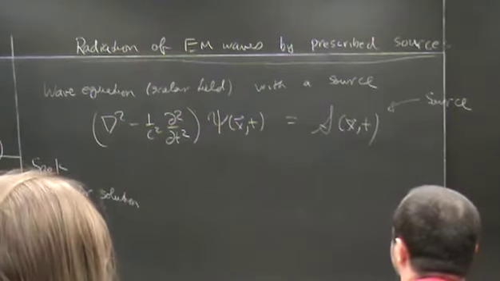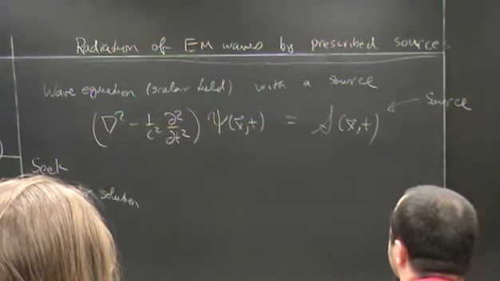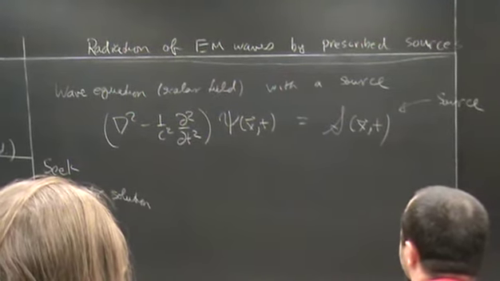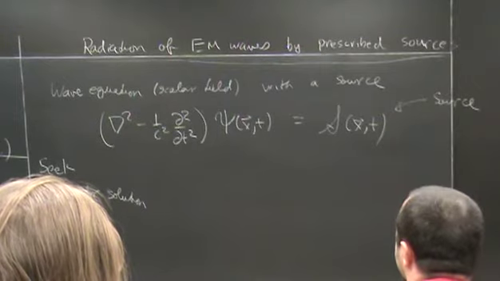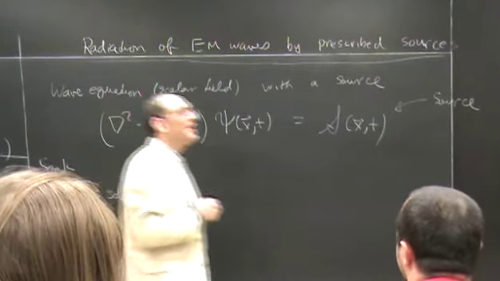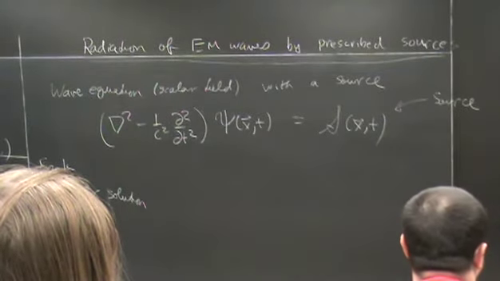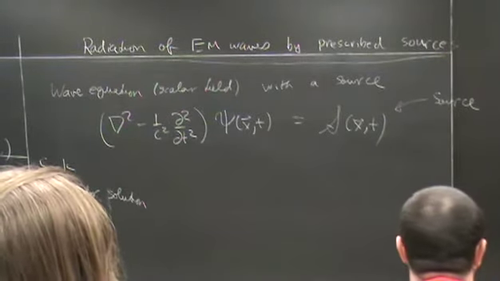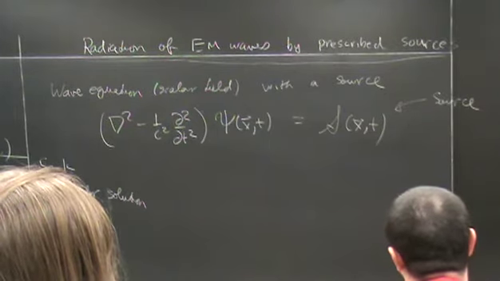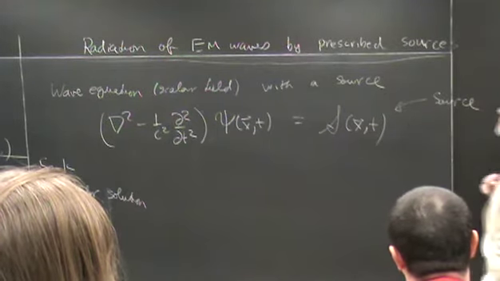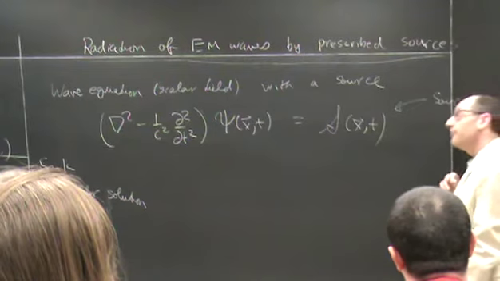How do we do it? Guess, maybe. You might guess, but you'd be hard pressed to guess. You could break your source up into some sort of Fourier basis. We could do something pretty close to that.